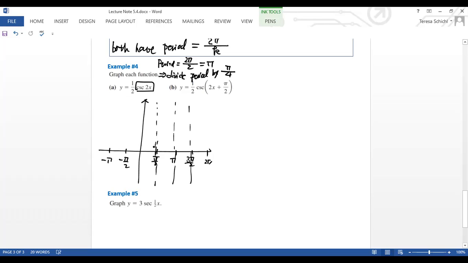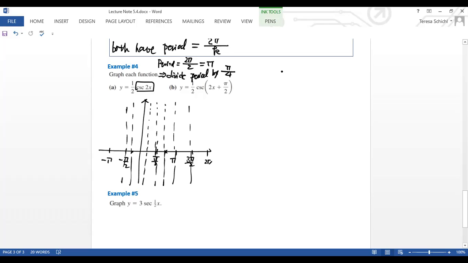Then we draw pi over 4. So for the graph here, this is pi over 2. So this is pi over 4. Then this is 3 pi over 4 here, right? So this is pi over 4.